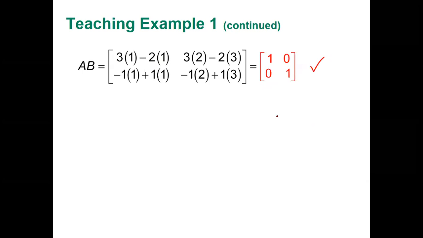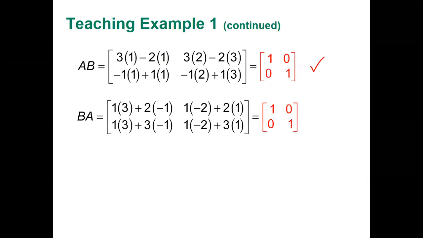Okay, looking good, checking out. Then we're going to do B times A. When we do B times A, we also end up with a 2 by 2 identity matrix. And so guess what that means? They are inverses. B is the inverse of A.